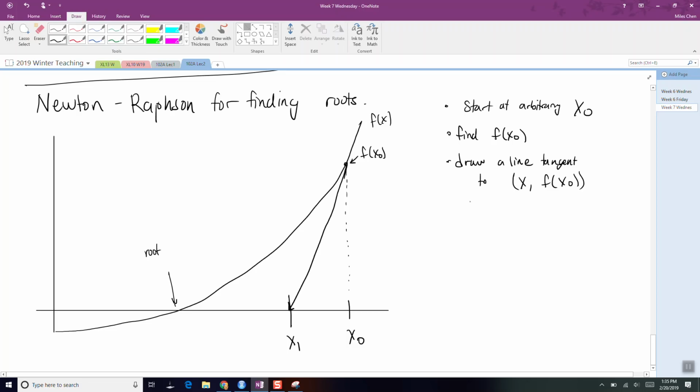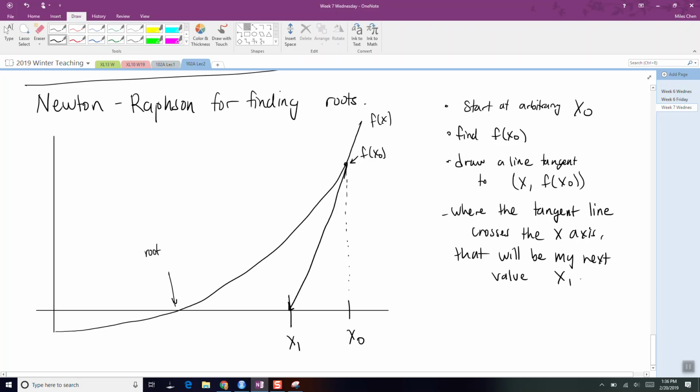that will be my next value. Okay, so where the tangent line crosses the x-axis, that will be my next value, x1. And then we repeat. Okay, and so for the next iteration, I start at x1 and I go up to f of x1.